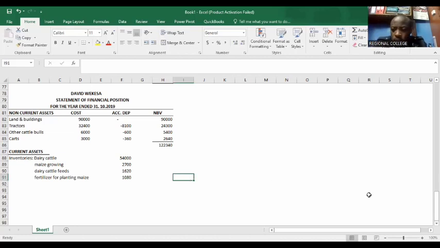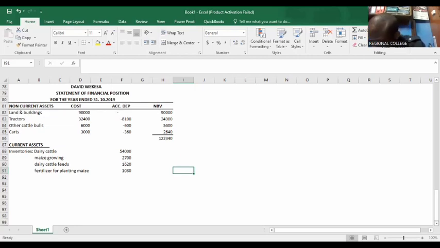Then you can check if you have receivables, your debtors are your current assets. Do you have any receivables from the trial balance? No receivables, no prepayment.